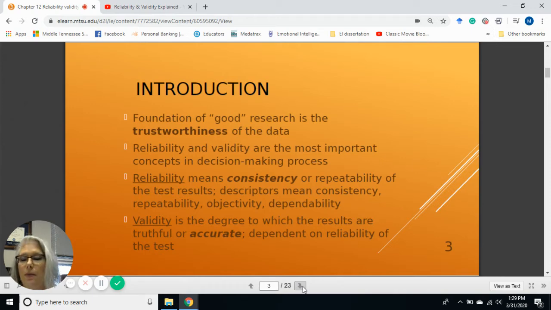Repeatability, dependability. The instrument is consistently measuring the same thing, so that's reliability. Whereas validity is the degree to which the results are truthful or accurate. And within the accuracy, the instrument that we're using is measuring what we intend to measure, so that the precision of the instrument is there, and we want that to be the case.